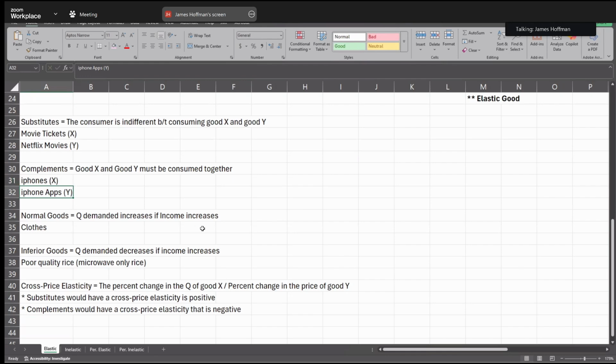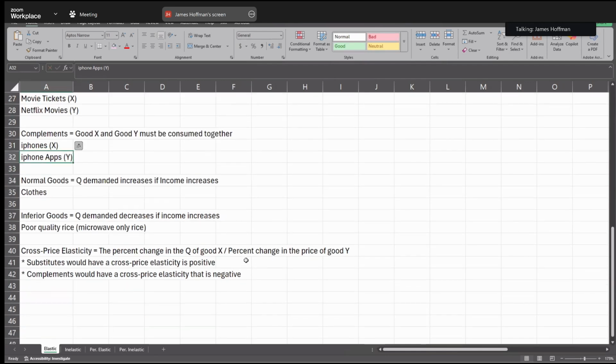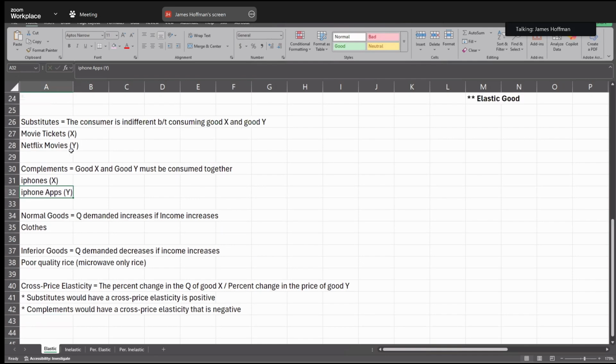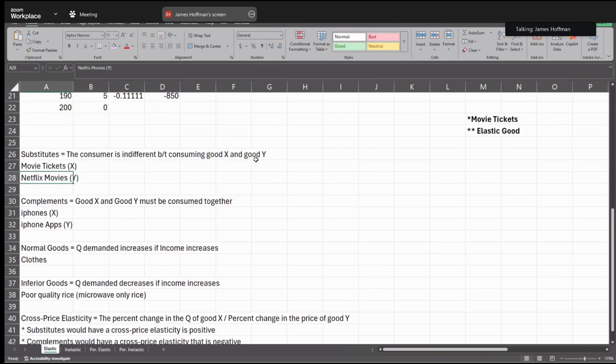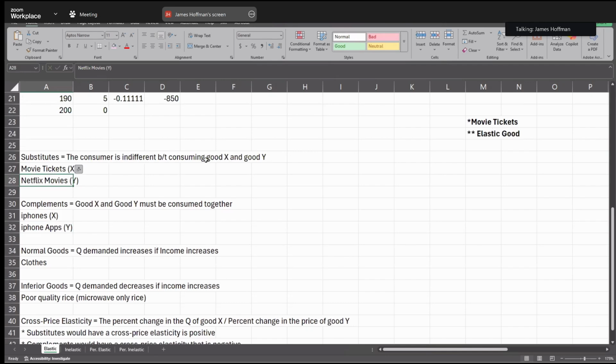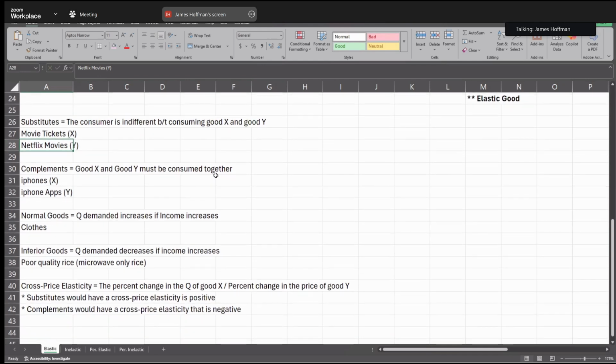So this is before we do the absolute value, but just knowing the correlation. Like, we know that if the price of good Y goes up and the demand for good X goes up, it's a positive relationship, they're substitutes. If the price of good Y goes up and the demand for good X goes down, it's a negative relationship, they're complements.